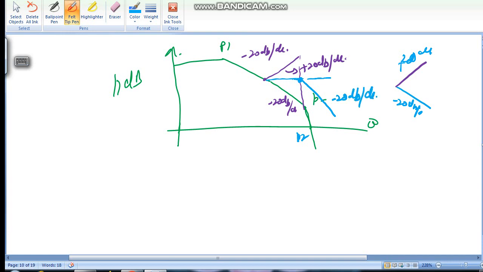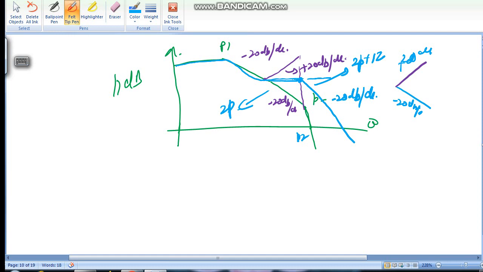So the new plot will be like this. This is a two pole system with a zero: two poles plus one zero.